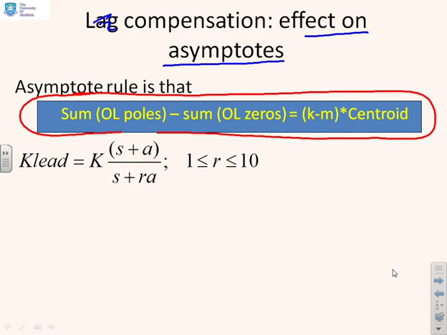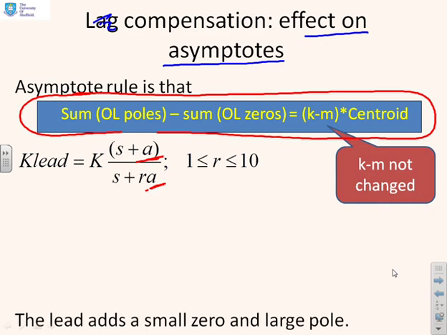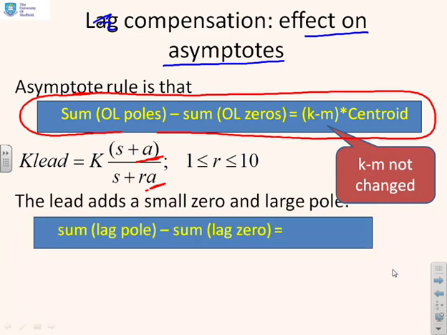Now when we add a lead, we're adding a single zero and a single pole. So what does this tell you? It tells you the excess of poles over zeros has not changed, so k - m is the same. Now we've got a small zero and a large pole. So let's see what happens to this sum of open loop poles minus sum of open loop zeros, and how much it changes.